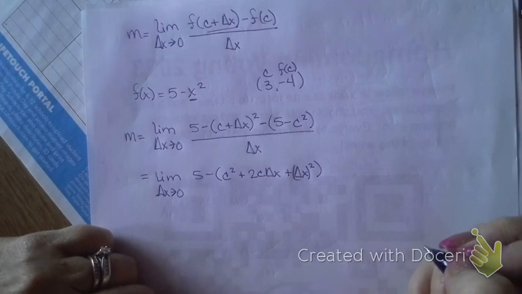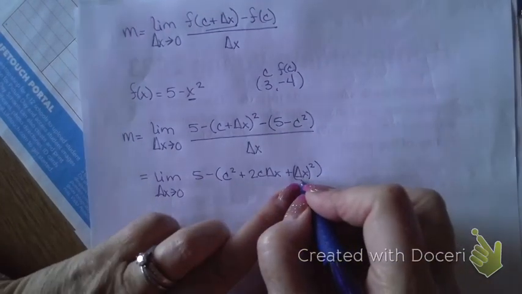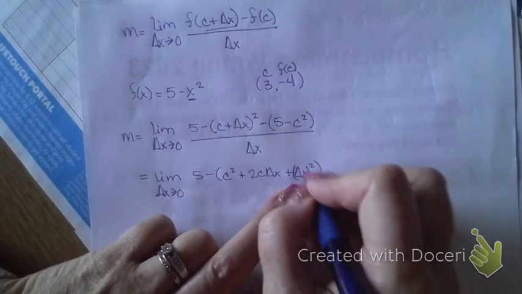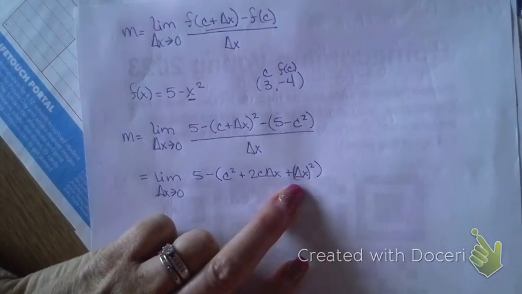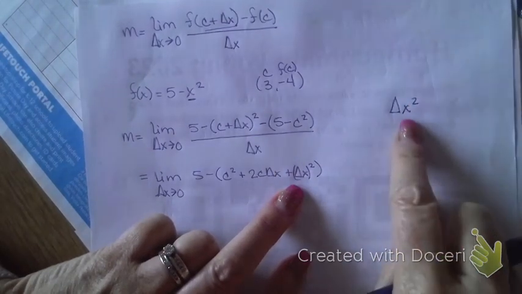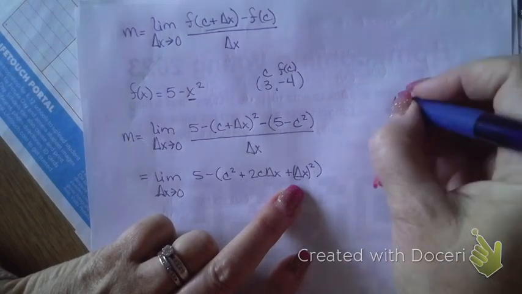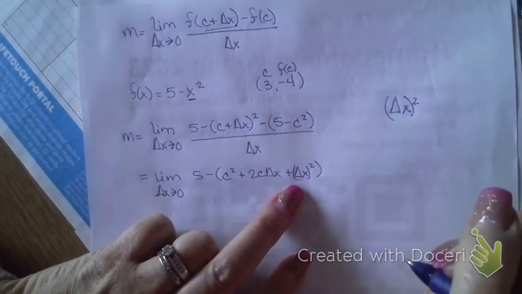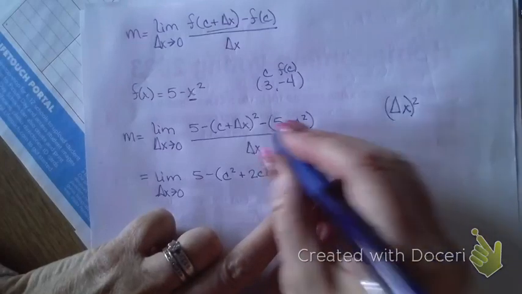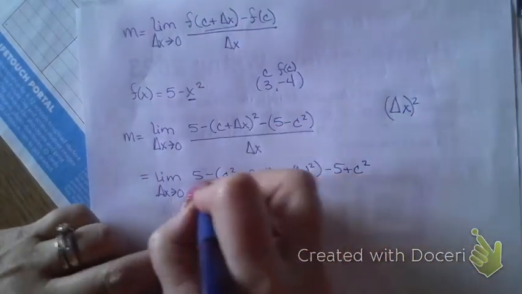Because this whole thing is one thing. Change of x is one thing. If I write it like this, it looks like delta x squared, and it's the whole thing squared. Keep it together. Okay, minus 5 plus c squared all over change of x.